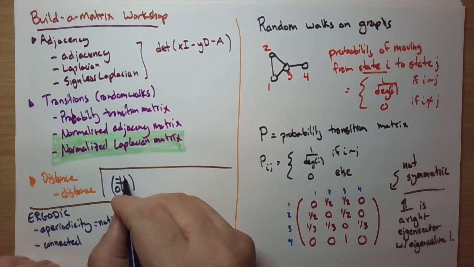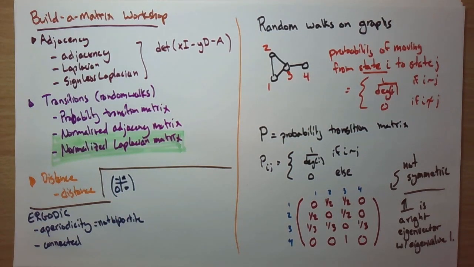But the nice thing about Perron-Frobenius, it's more broad than just symmetric matrices. I don't have to keep it real. That's how cool it is. I can do it all.